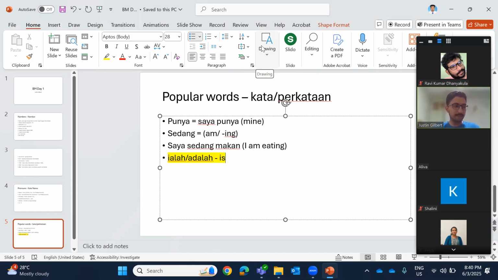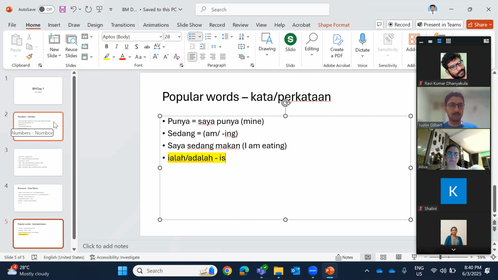Okay. Of the things that I've said so far, this is the only complicated rule that we have in Bahasa Malaysia. But if I were to differentiate, I will need almost another 1 hour for just differentiating ialah and adalah.